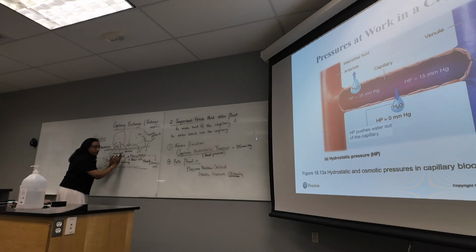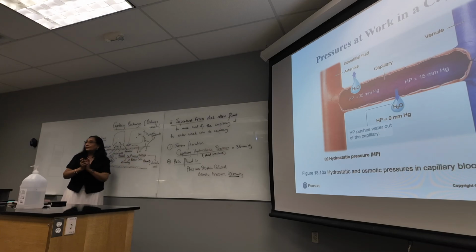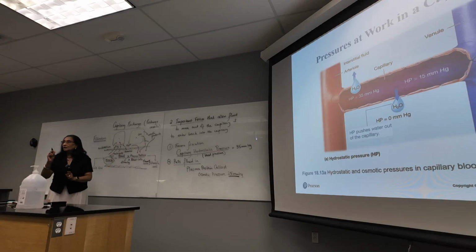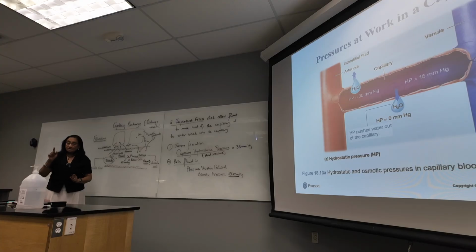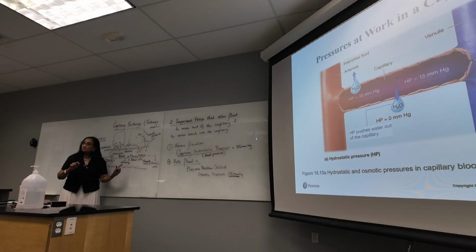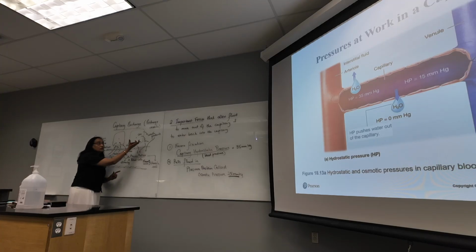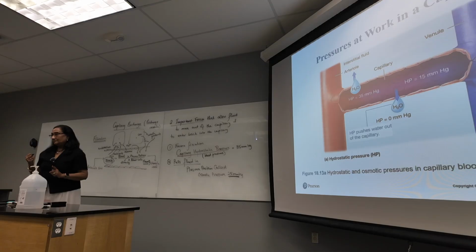But as blood flows towards the venule and is going to leave the capillary, what is happening to hydrostatic pressure? It's becoming 15. Osmotic pressure is still 25. So which one is stronger now? The plasma protein colloid osmotic pressure is stronger, so it pulls the liquid back into the blood vessel.